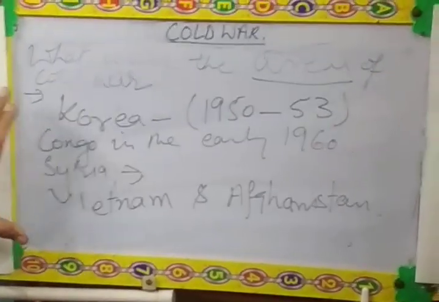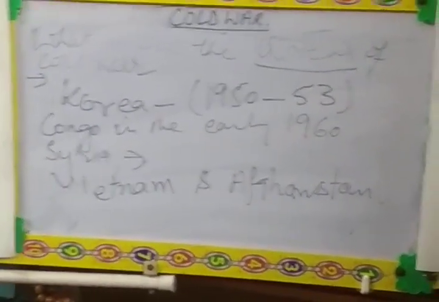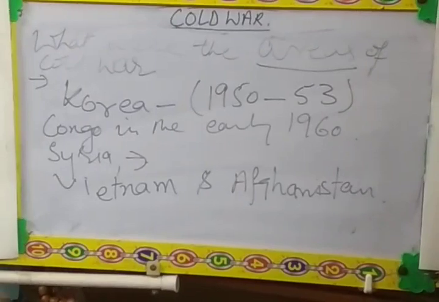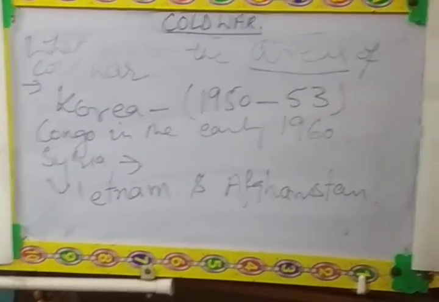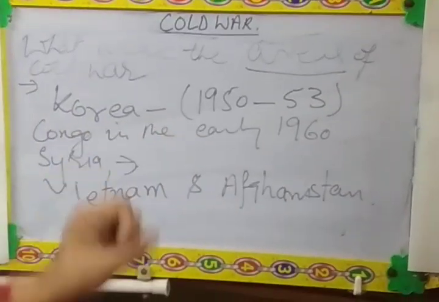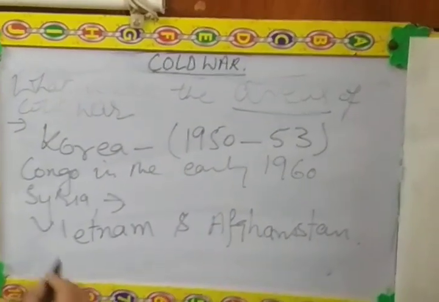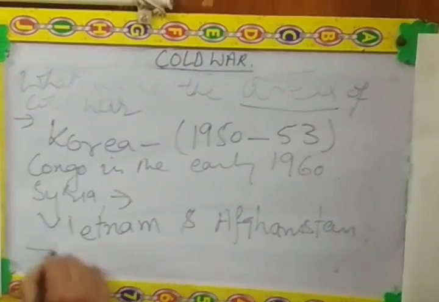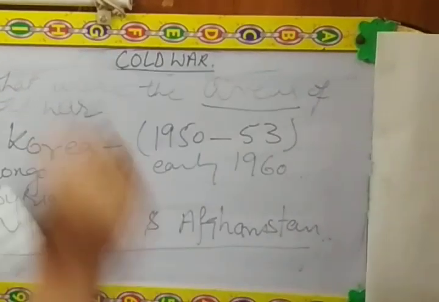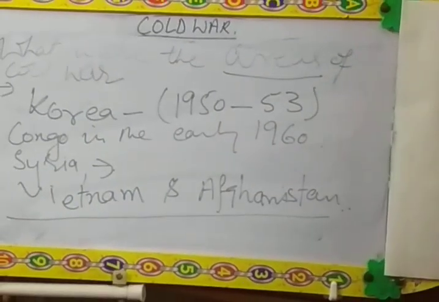So these countries, where they came closer to each other, they fought against each other, but all the wars were localized only. Localized means they had not gone beyond that particular area. So this is called the areas or arenas of Cold War.